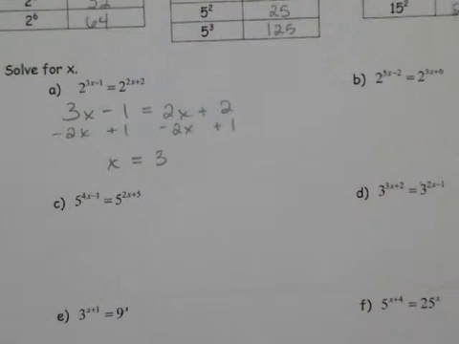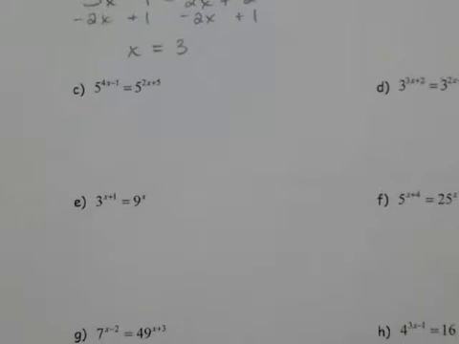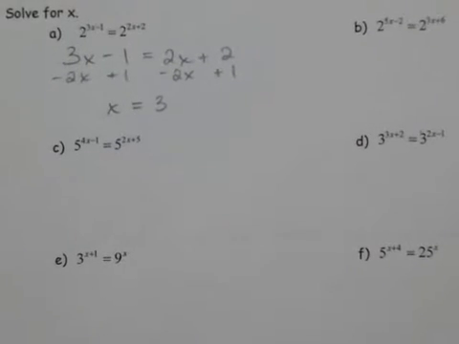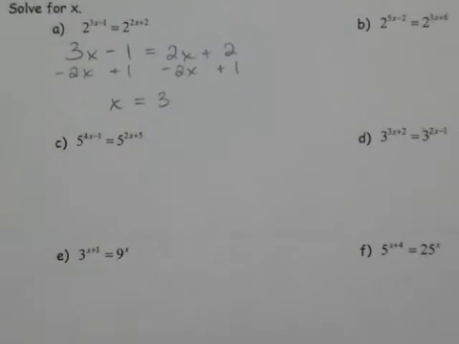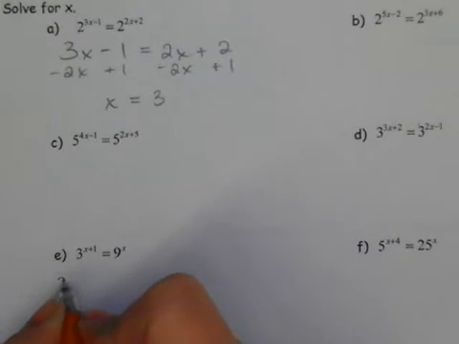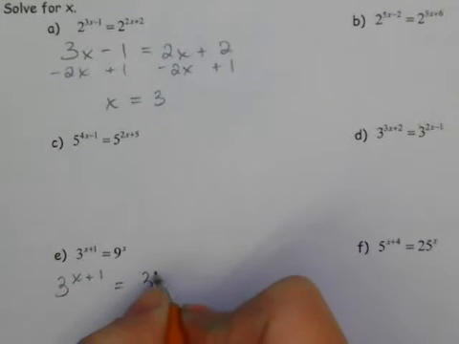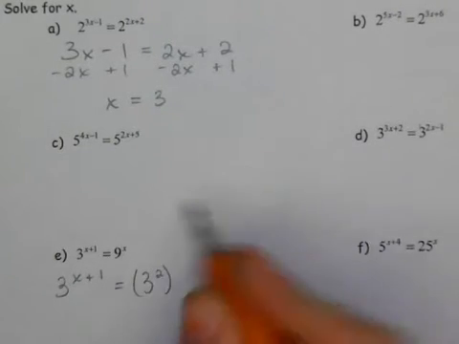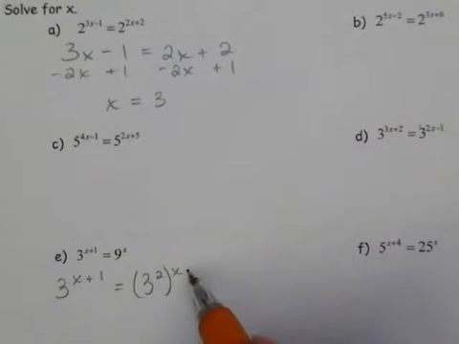So if I have 3 to the x plus 1 equals 3 squared, I'm writing 3 squared instead of 9, and then putting that power there to the x, then this is going to be 3 to the 2x. So that's what we're referring to when we're talking about rebasing. So now all I have to do is take my two exponents and set them equal to each other. X plus 1 equals 2x. And then solve for x from there.